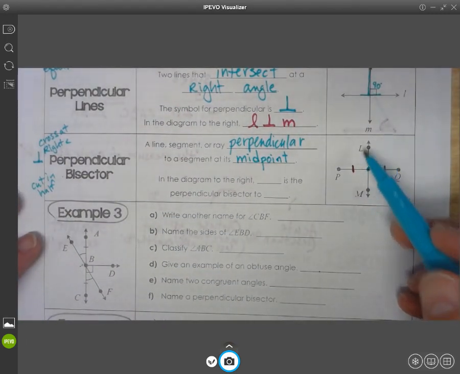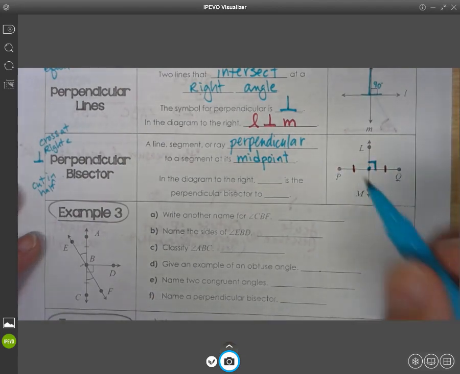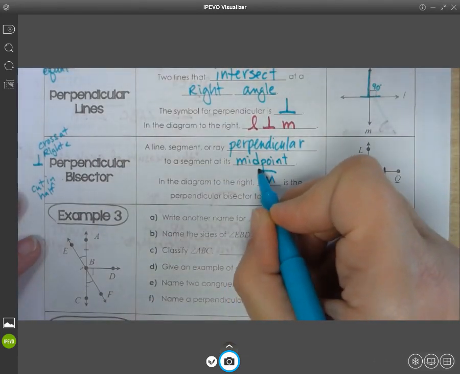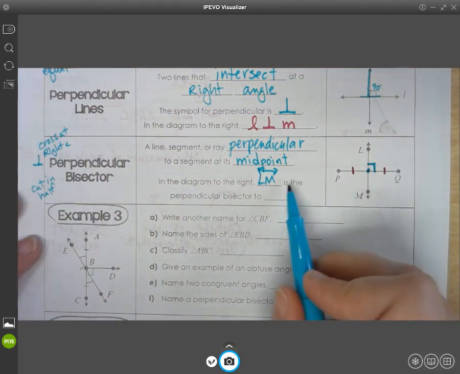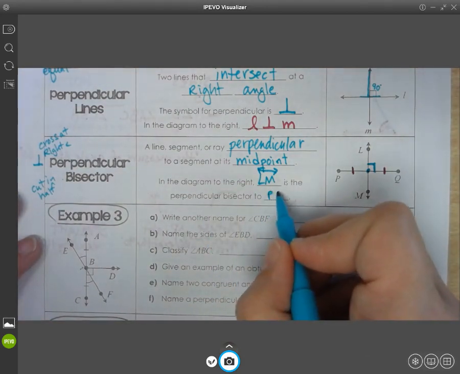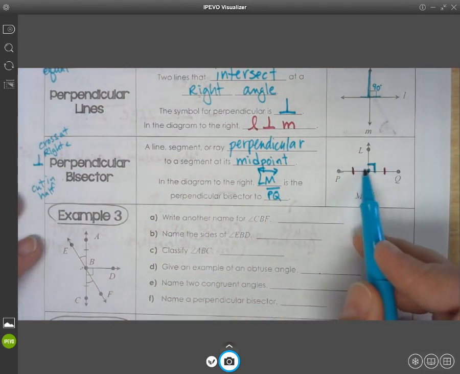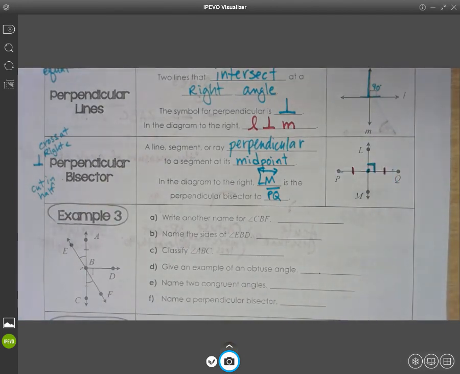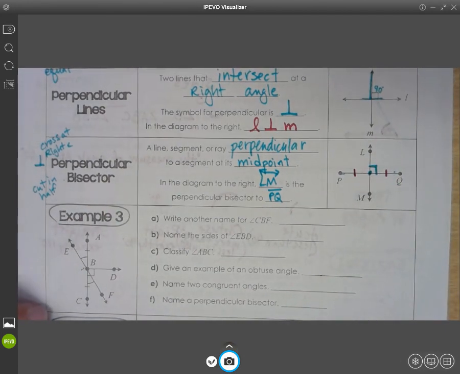So LM cuts the thing in half. So LM is our bisector, and it is the perpendicular bisector to PQ. So this segment gets chopped in half. Okay.